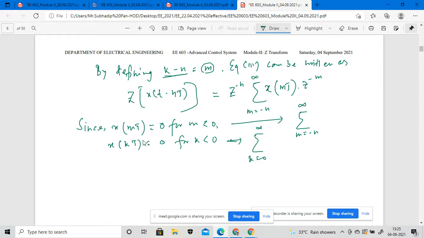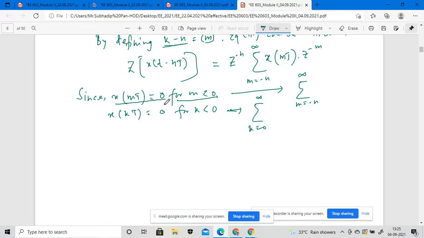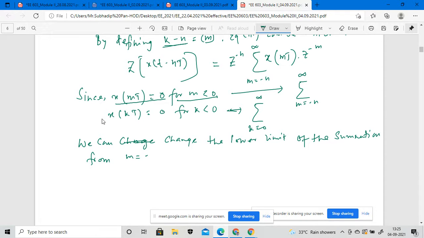Now we have to change these things. As we are considering x of mT equal to 0 for m less than 0, we can change the lower limit of the summation from m equals minus n to m equals 0.